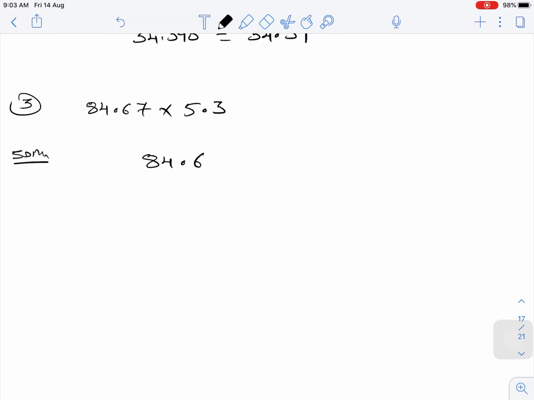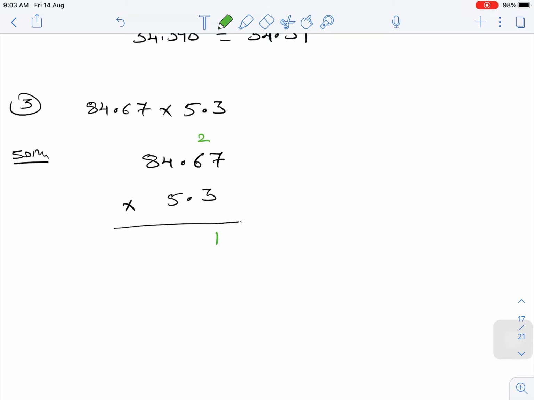Solution: what number we have? 84.67 multiplied by 5.3. Now what we are going to do? First we'll multiply this 3 by 7. So 3 sevens are 21.